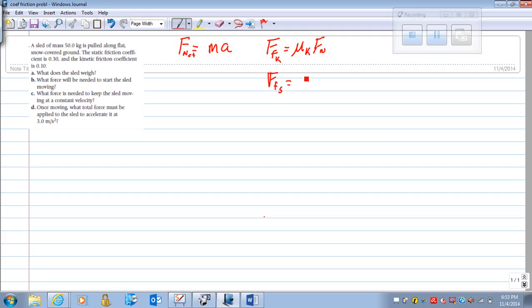This is our kinetic friction, this is our static friction, and we would use mu s times Fn. And maybe one other equation here, that force due to weight or gravitational force is m times g.